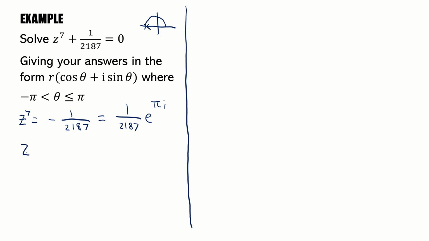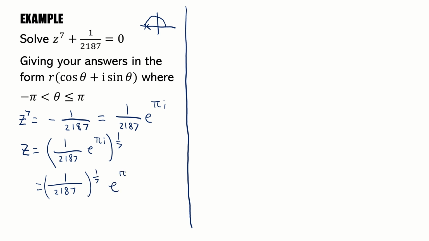That means we can find our first root by just taking the power of 1/7 of 1 over 2187 e to the pi i, which is actually very easy to do because you've got to do 1 over 2187 to the power of 1/7, which you can type into the calculator, and e to the power of pi i to the power of 1/7.